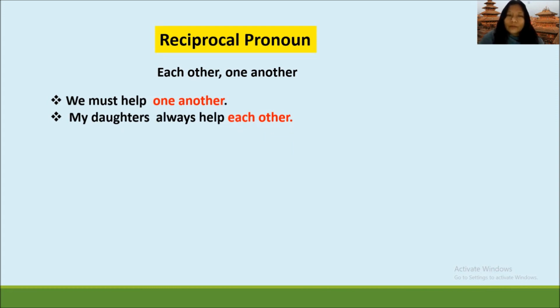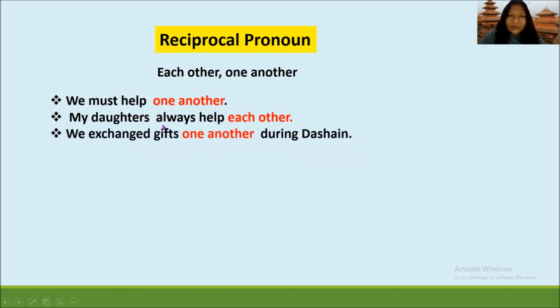If more than two people are involved in work, we use one another. If two are involved, we use each other. In the same way, the next example: we exchange gifts with one another during the festival, more than two people. Both of us are helping each other, two people.